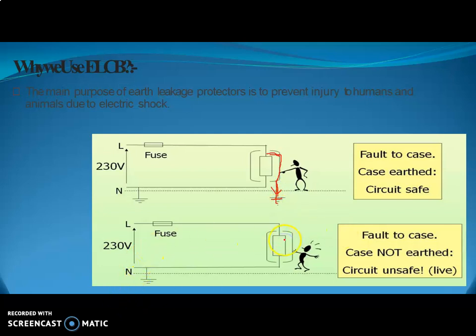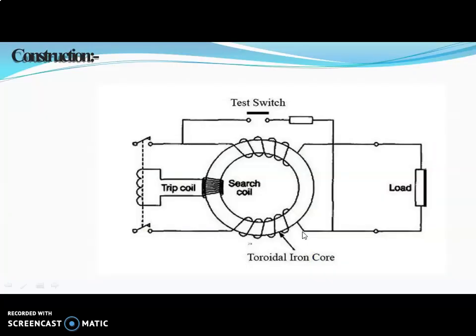But in the second case, earthing is not provided to the load, therefore the whole current starts flowing through the human body and the human body will get an electrical shock.